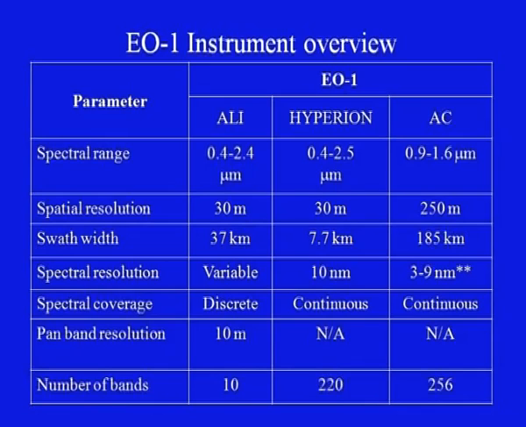The pan band resolution in ALI is 10 meters, whereas Hyperion and LAC do not have any pan band resolution. The number of bands is 10 in ALI, 220 for Hyperion and 256 for LAC.